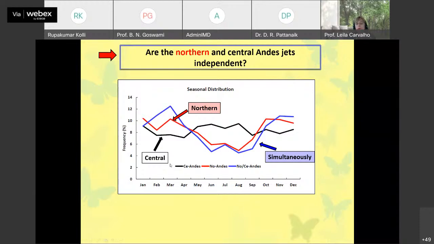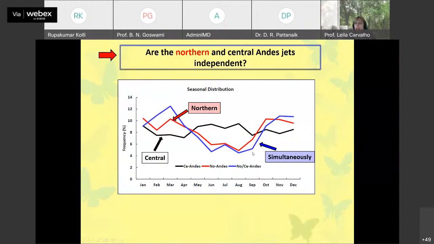Now, if you look at the seasonal cycle of those jets, you see that the Northern Andes jet actually peaks in March, but also in the pre-monsoon season, which is very important. Whereas the central jet peaks in the winter. But sometimes you have both jets simultaneously.